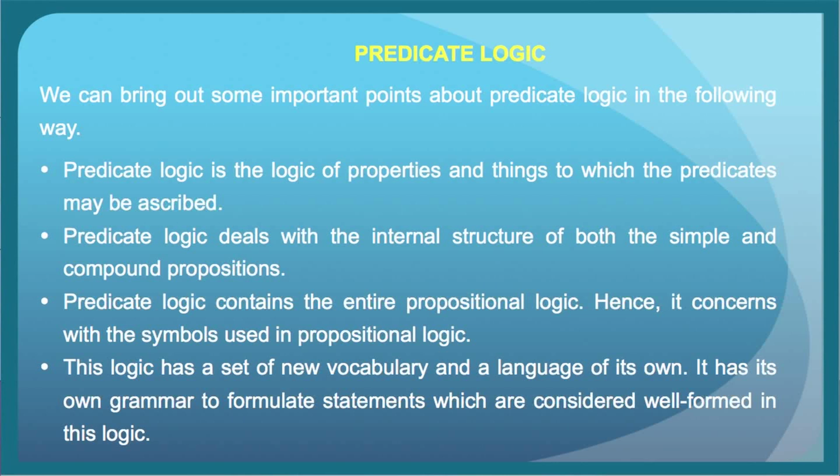It deals with the internal structure of both simple and compound propositions. Predicate logic contains the entire propositional logic, hence it is concerned with the symbols used in propositional logic. The logic has a set of new vocabulary and a language of its own. It has its own grammar for statements to be considered well formed in logic.